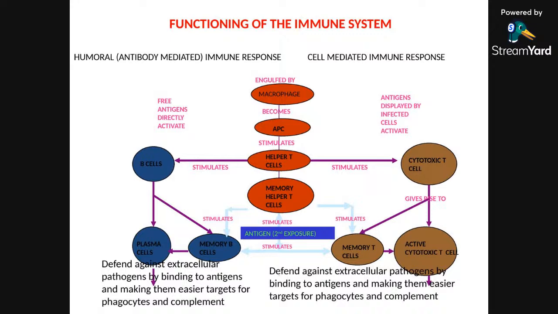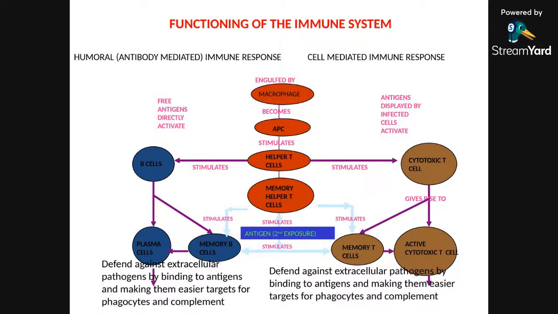Memory cells circulate in the blood for more than a month, more than a year, and protect against the same organism, so that it should not enter the human body again.